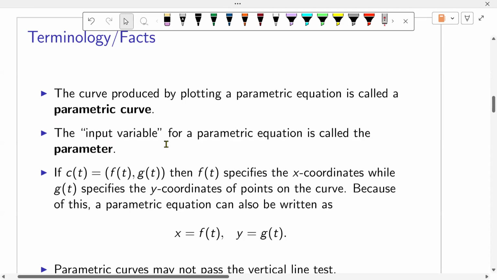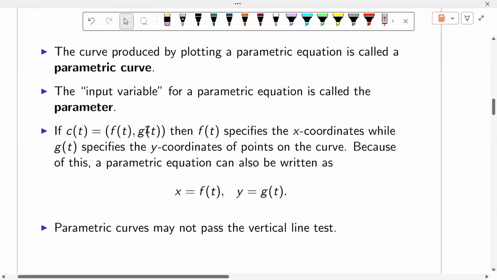That's why we call them parametric equations, because they have parameters. As I already mentioned, the first term here, f of t, gives the x coordinate, while g of t gives the y coordinate. And because of this, it's also very common to write down parametric equations this way. To just say, oh, my x coordinate is given by this and my y coordinate is given by that.